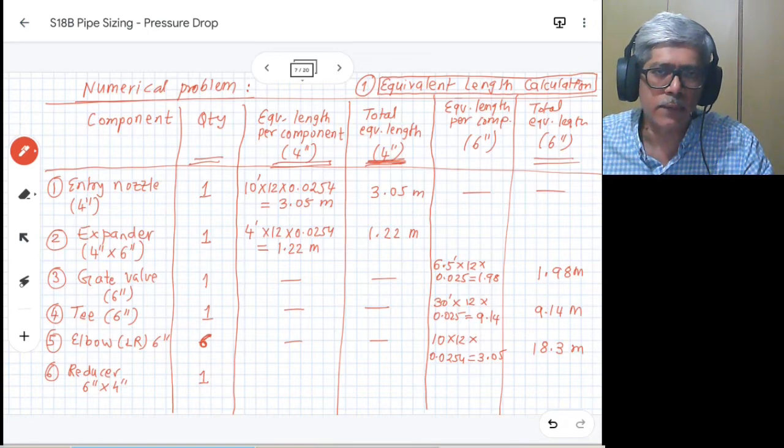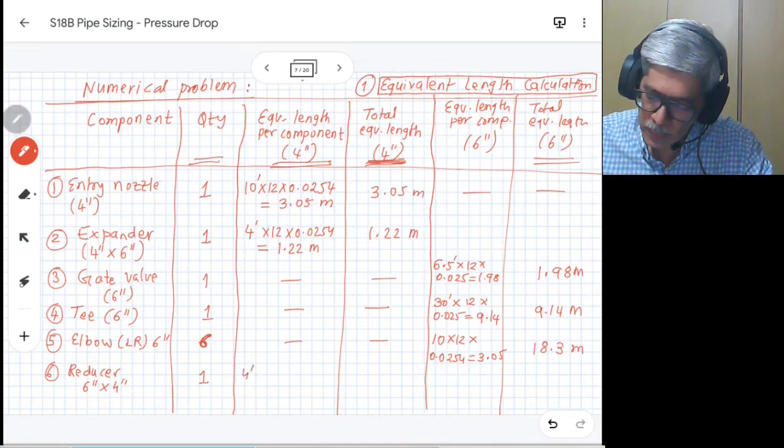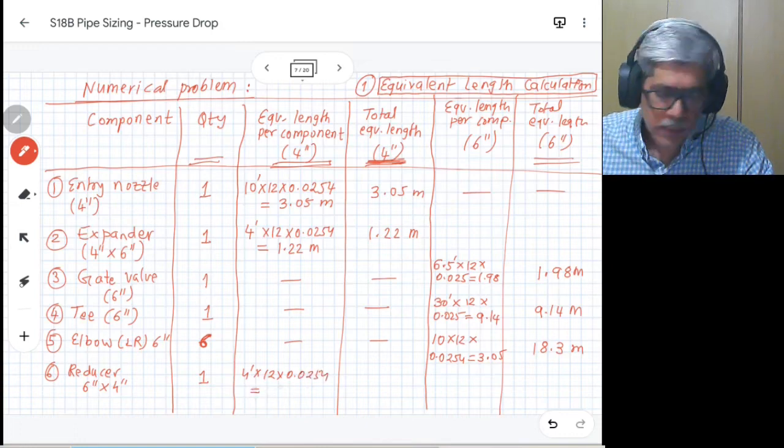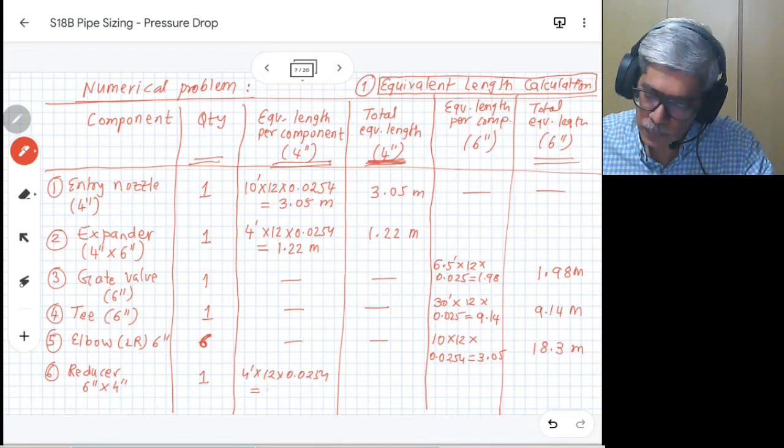So whether it is from 6 inch to 4 inch or 4 inch to 6 inch, the equivalent length will always be for 4 inch. So the equivalent length for this particular reducer is 4 feet. So it is 4 feet multiplied by 12 multiplied by 0.0254. This will come to 1.22 meters, same as the earlier one. So the total will be 1.22 meters.